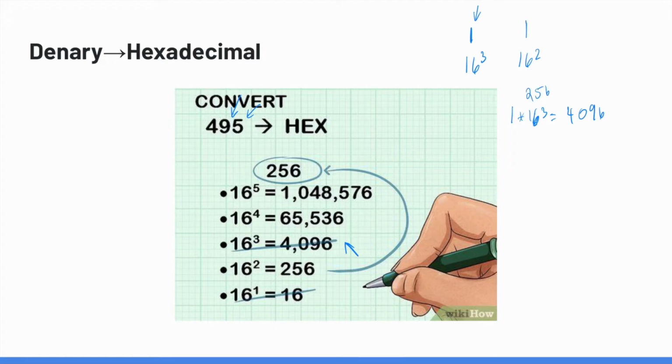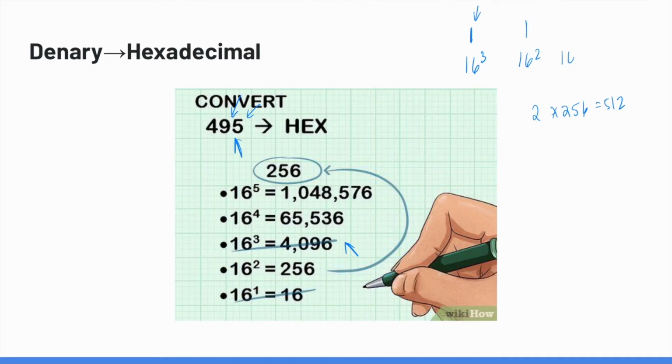Hence, this is a good place to start when trying to convert. So if we have 1 right here, that's 256. 2 would be 2 times 256, which would be 512, which would be bigger than the number we want to convert, which is 495. So we can put a 1 there.